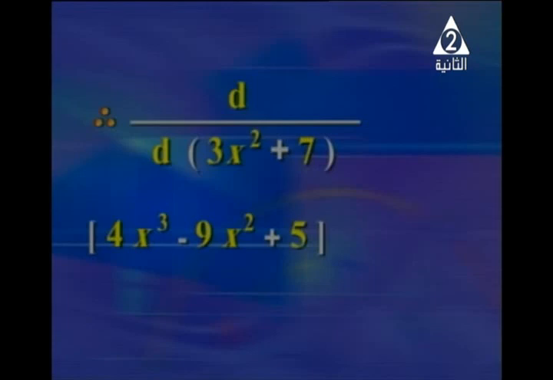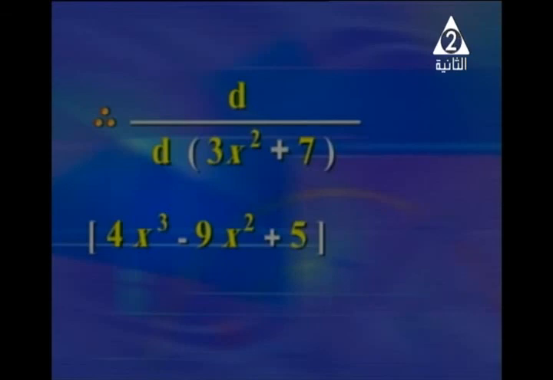Why? Because 5 is constant. After that, we put z equals 3x squared plus 7. After that, we find dz over dx. What do you mean by dz over dx? Look, when z equals 3x squared plus 7, then z is a function in x. We find dz over dx as 6x only. Why? Because the derivative of 7 is 0.